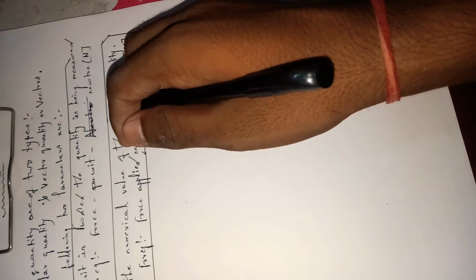Scalar quantities can be added, subtracted, multiplied and divided by simple arithmetic methods. Scalar quantities are symbolically written by English letters.